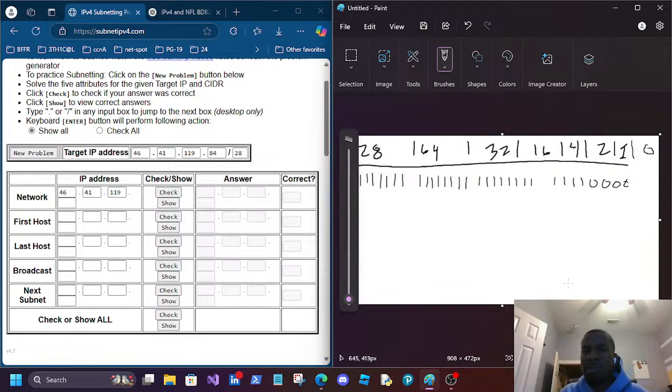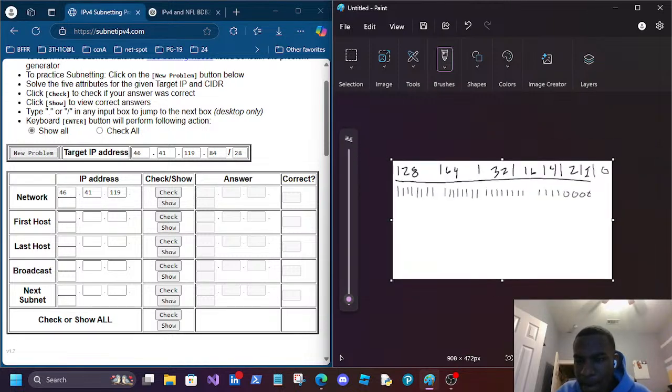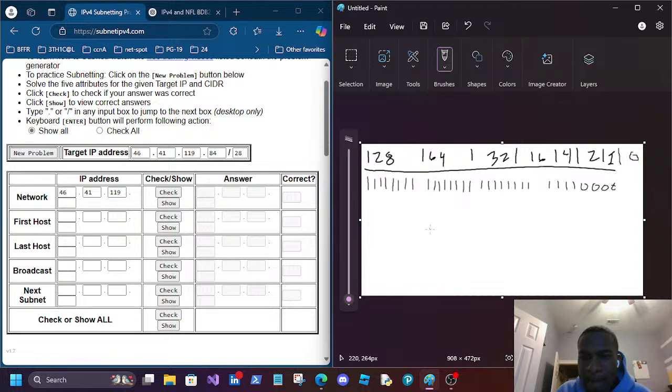A 0 right there. Okay, let me zoom back out. So that means it would have been 128 plus 64 plus 32 plus 16.